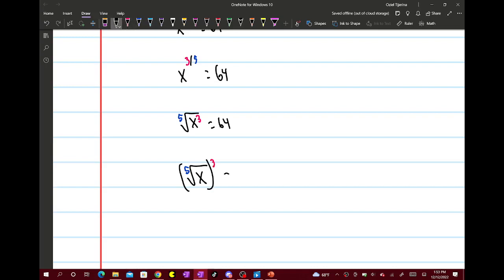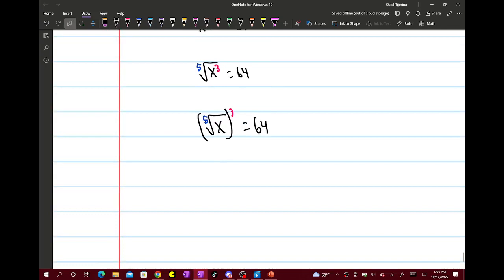What we can do is get rid of this cube by taking the cube root of both sides, so that the cube cancels out. The cube root of 64 is 4.